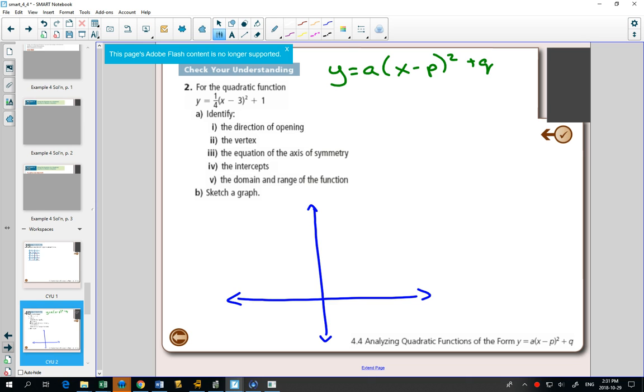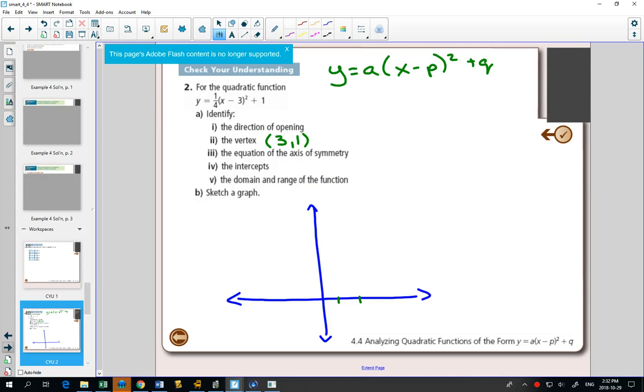So in this case, the fact that I have minus 3 and plus 1 means that my vertex will be at (3, 1). And from the math lab, we learned that that minus 3 moved things 3 to the right, and the plus 1 moved it up 1. So our vertex is going to be at (3, 1).